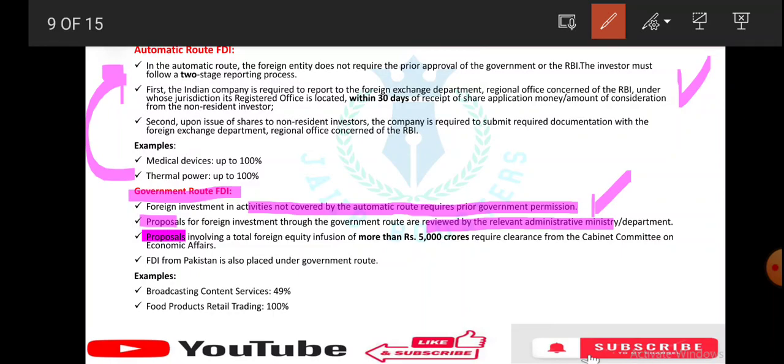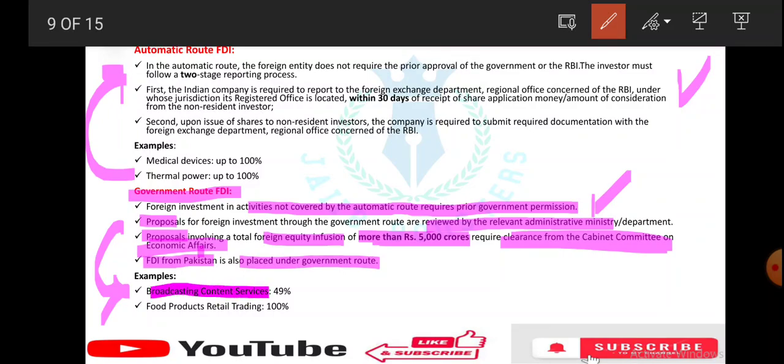Proposals with total foreign equity infusion of more than 5,000 crore require clearance from the Cabinet Committee on Economic Affairs. FDI from Pakistan is also placed under the government route. Here are examples, such as broadcasting content services 49%, and food products retail trading. These need approval from the RBI or government, but medical and thermal don't need approval from the RBI or government.